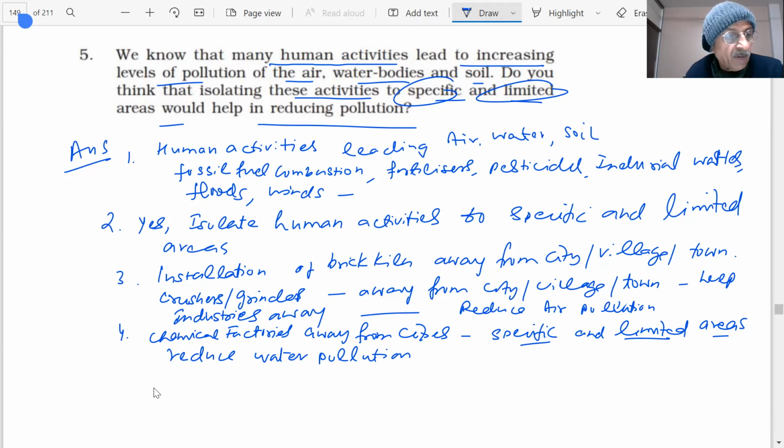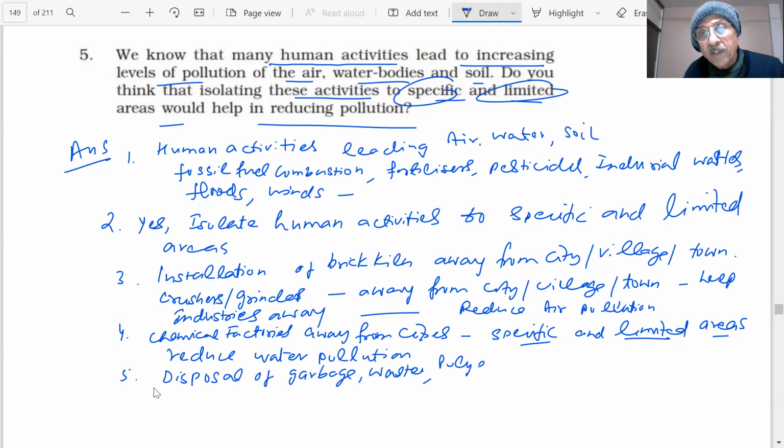And disposal of garbage, waste, and there are things called polythene bags, if we take them to a particular place, then what will happen?